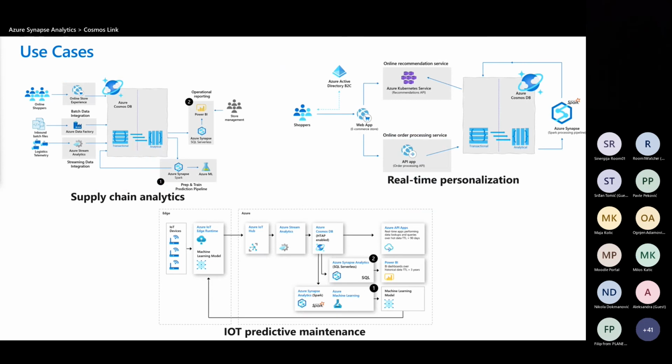So real quick, some use cases where it would be useful, right? For example, let's take supply chain analytics. You have operational data coming from online shoppers, batch files, and logistic telemetry. You can pull that all into your Azure Cosmos DB, and then using Synapse Link, you can handle the data using Synapse Serverless and/or Synapse Spark and run machine learning analytics on top of the data.